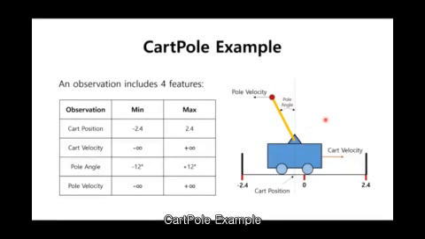After taking an action, we receive an observation or state that includes 4 features. The first is the cart position, the second is the cart velocity, the third is the pole angle, and the last is the pole velocity. The observation space is a continuous space. Here is the range of these features.